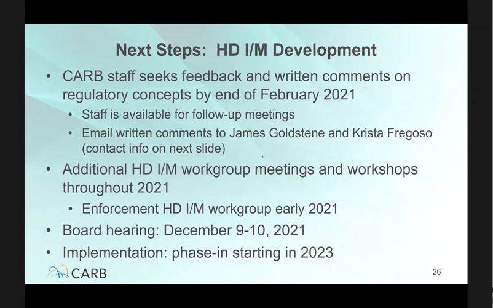We didn't talk about that yet, so that's for another work group meeting. And then we're also going to continue after that work group meeting having more workshops and work group meetings throughout 2021. And our board hearing for this regulatory proposal is still scheduled for December 2021. And the implementation, as I mentioned at the beginning, would start in 2023 through a phase-in.